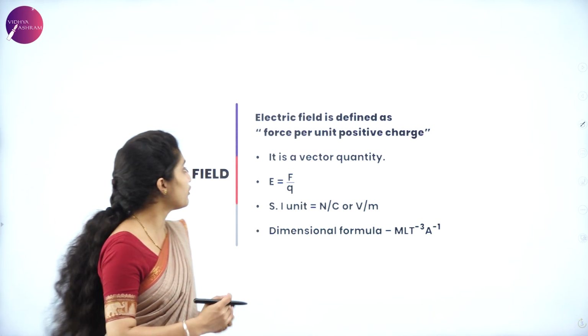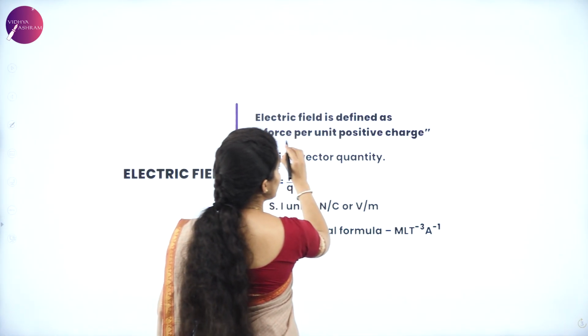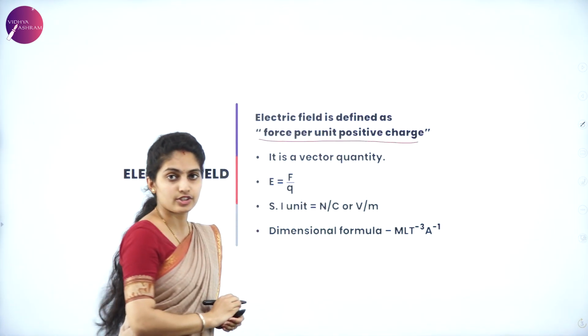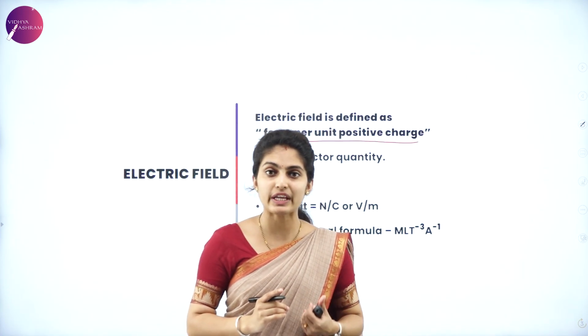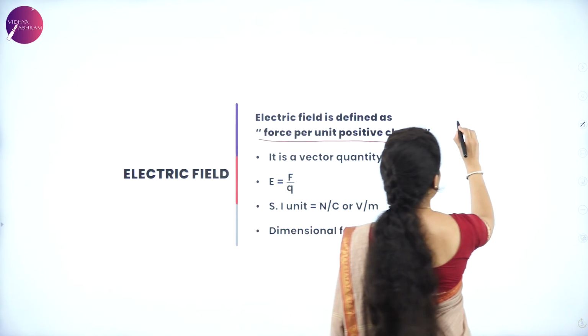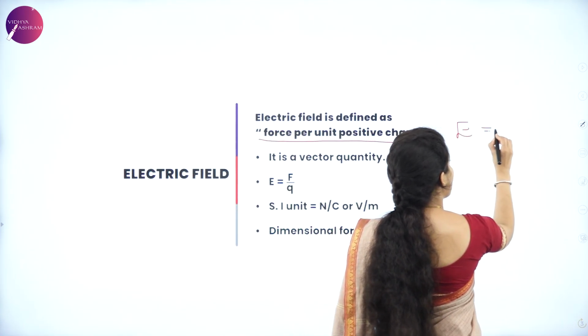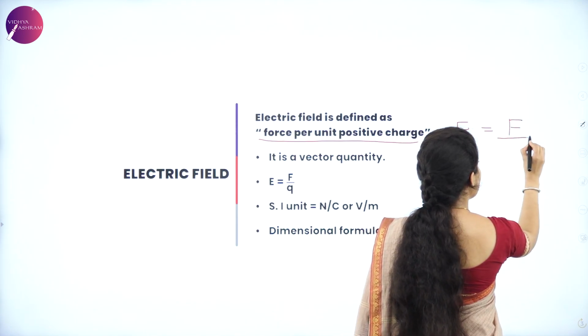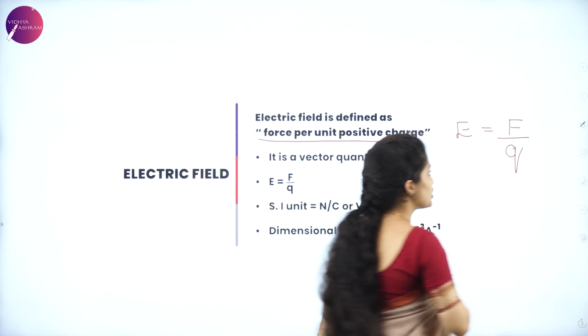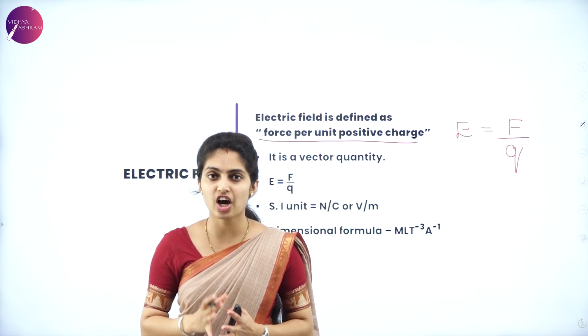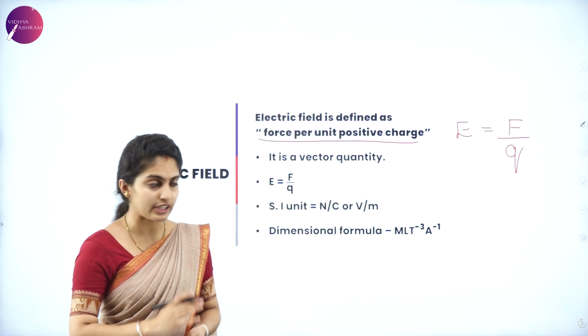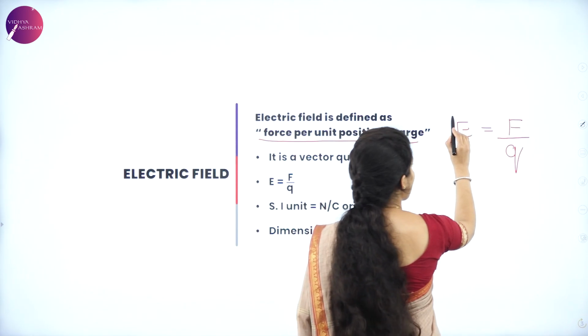So it is defined as the force per unit positive charge. So what is electric field? Electric field is defined as force per unit charge. Force per unit charge is said to be the electric field. So this can be the formula for it.